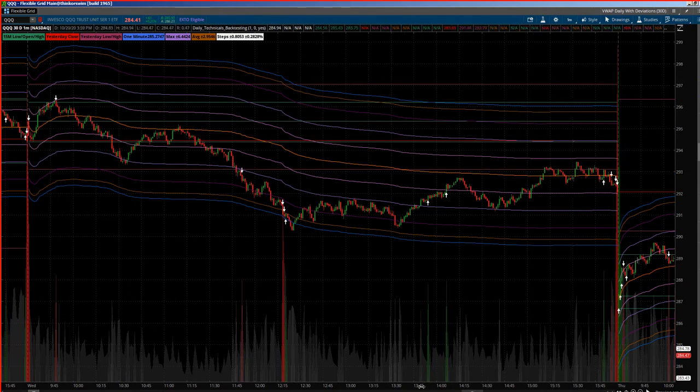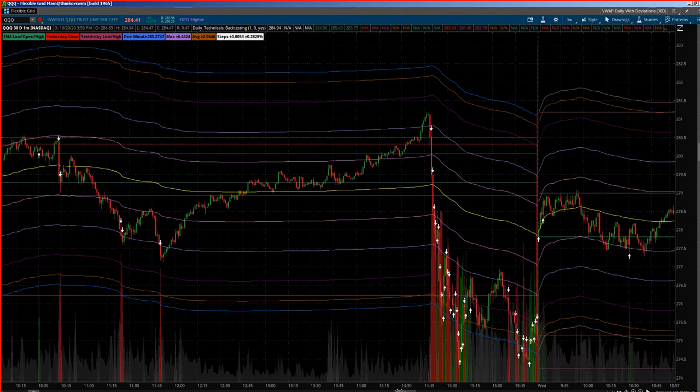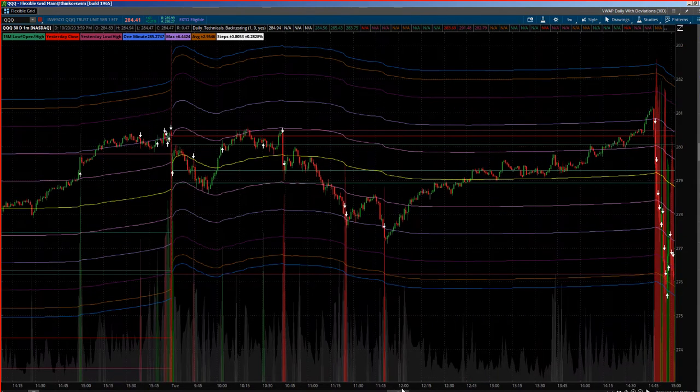Let's grab another random day. Okay, the VWAP on this one is the yellow-greenish line in the middle, because this is backtesting. Actually, I want to see that end of day.